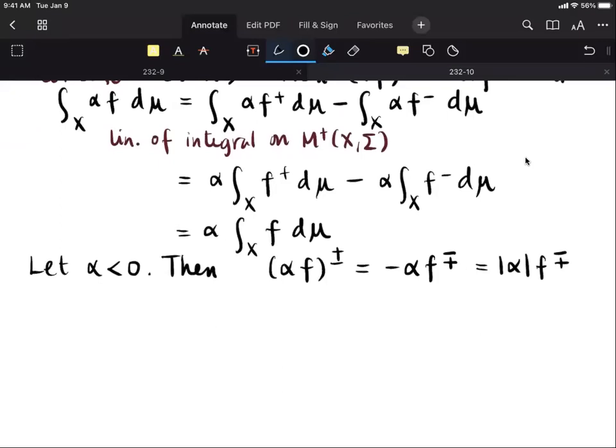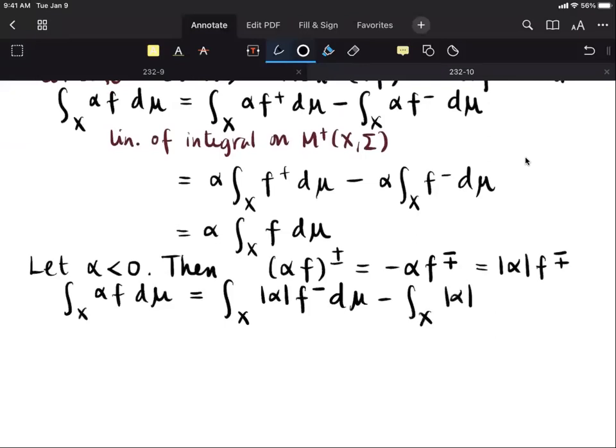So based on this, the positive part of alpha f is the absolute value of alpha times f minus, and its negative part is the absolute value of alpha times f plus.